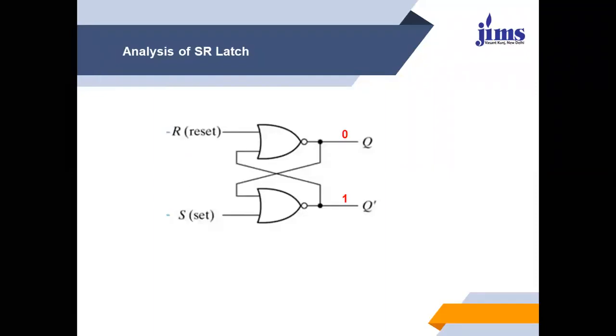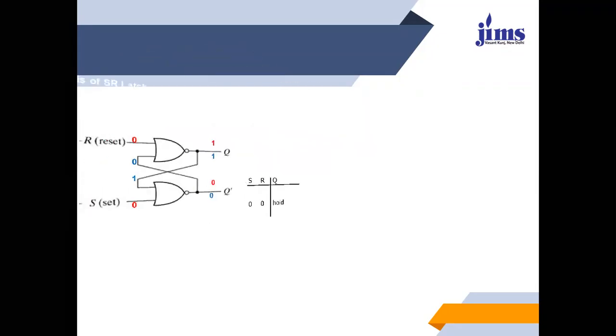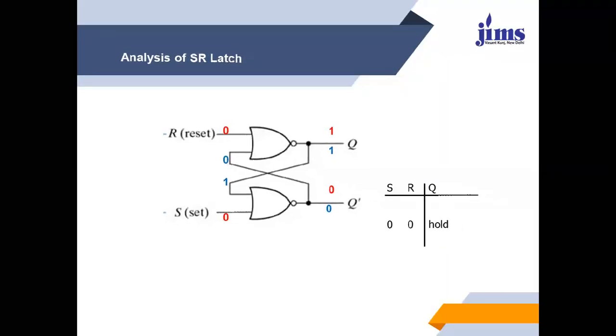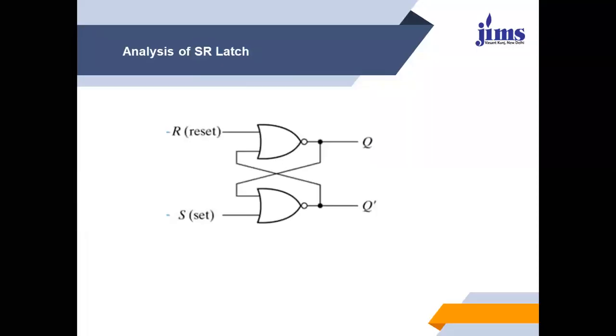Now suppose Q equals 0, that means Q bar will be 1. In the previous case, we considered Q was 1 and Q bar was 0. In this case, we have considered that Q equals 0, which means Q bar must be 1. And again, we put R and S equal to 0, 0.